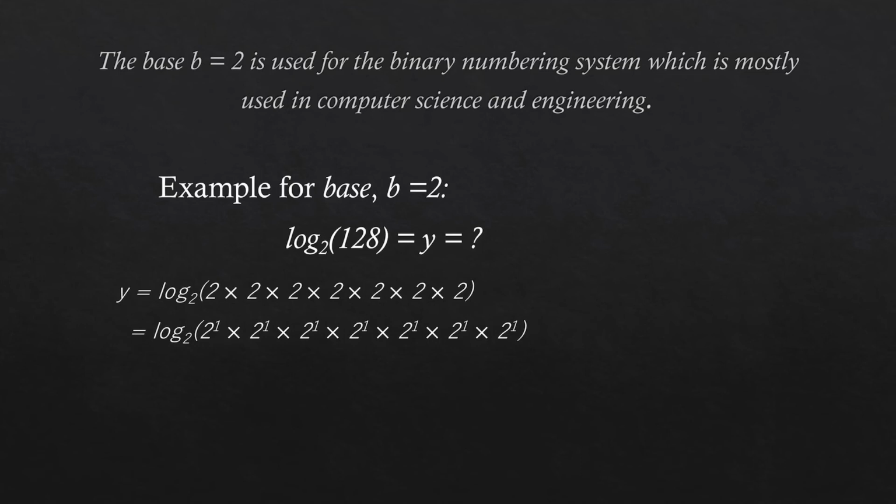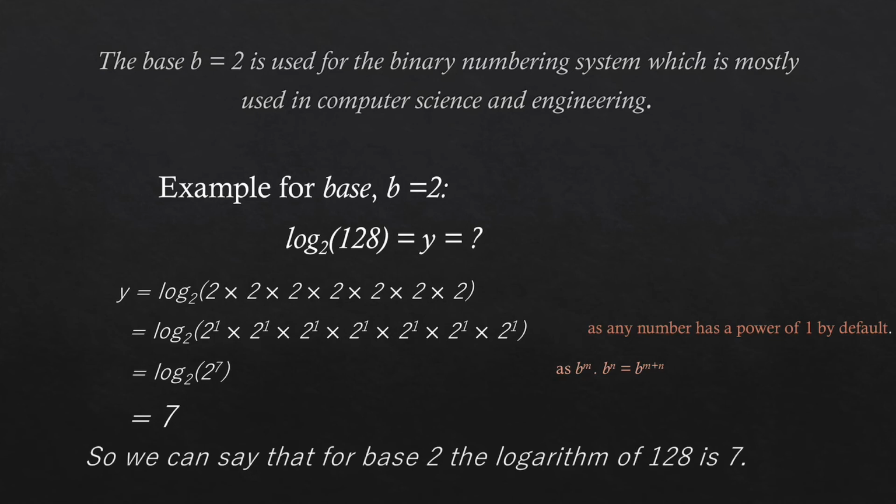As 2 to the power 1 equal to 2, by default every number has the power of 1. So we can say that for base 2, the logarithm of 128 is 7.